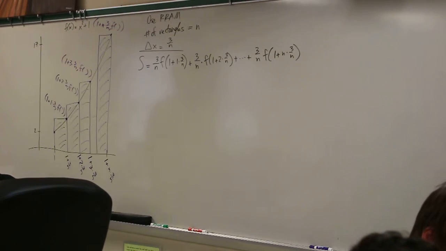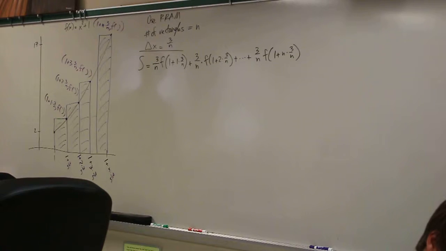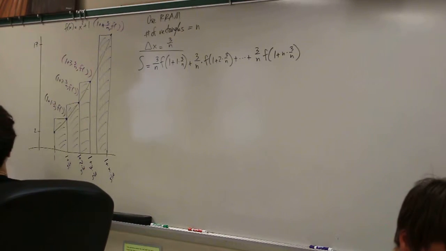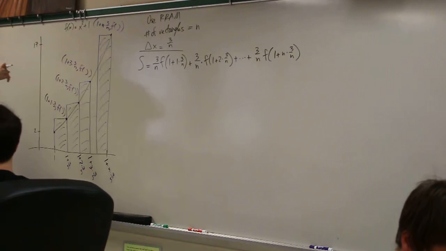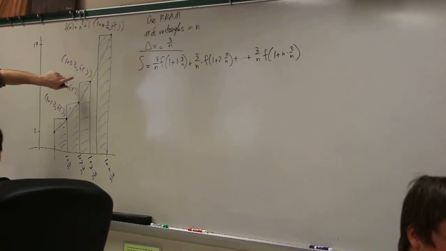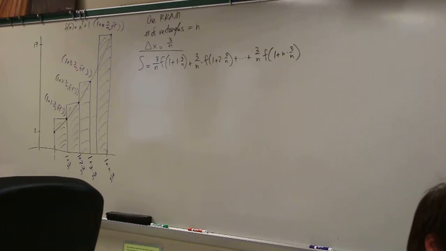You gotta be really careful though, right? Because that's no longer the general expression anymore, right? Look at all this stuff that we did. That's why until you become an expert, which is like, I don't know, when this class is over, I really recommend drawing a big picture every single time and going through all these steps of labeling all these points. Because it helps you see the pattern of what's going on.